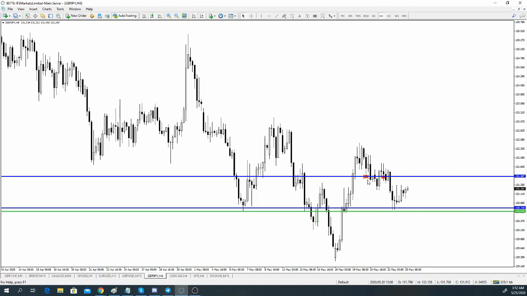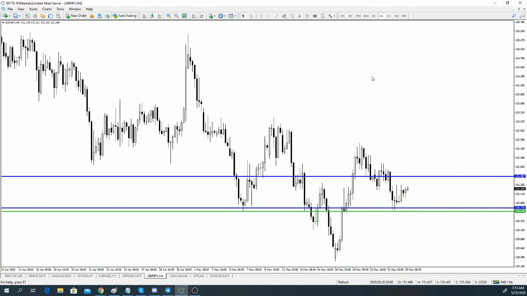We have the 130.63 and the 130.73 levels that confluence. So this tells me that this is going to be a very strong level of support, and that we might have a runner to the upside, right?